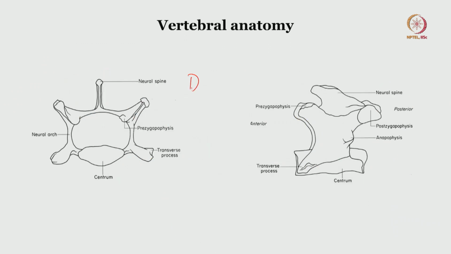So, again this is dorsal, this is ventral. This is the side view, this is the AP view. When you see it from the front, after you take a cross section, the dorsum will be on top. If you can feel the spinous process on the back of the rat when you palpate it, you will be feeling this spinous process on top of the animal, the back of the animal.